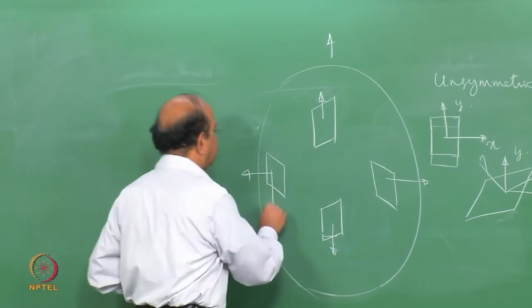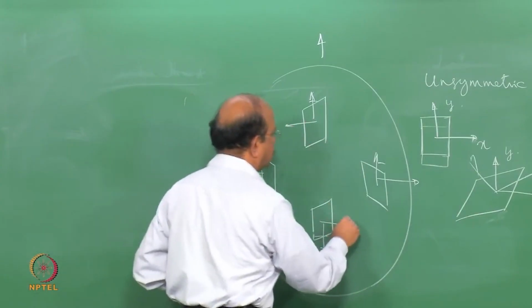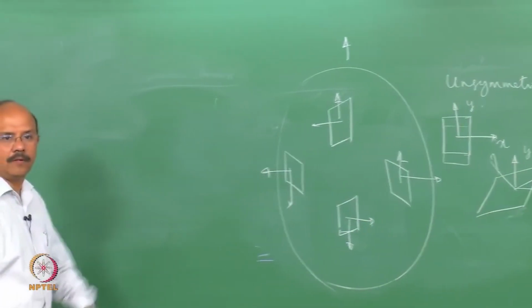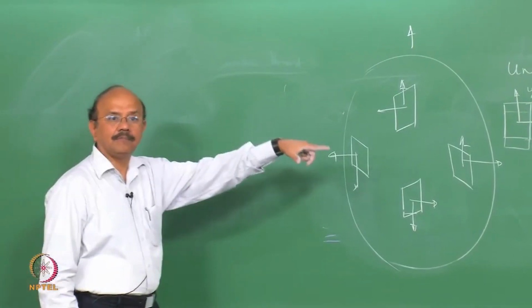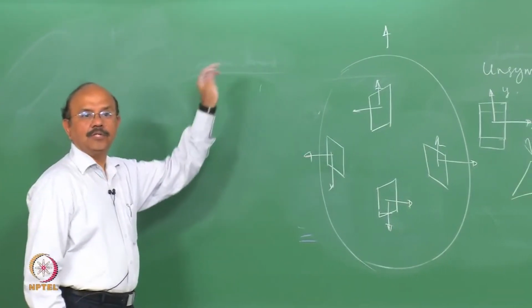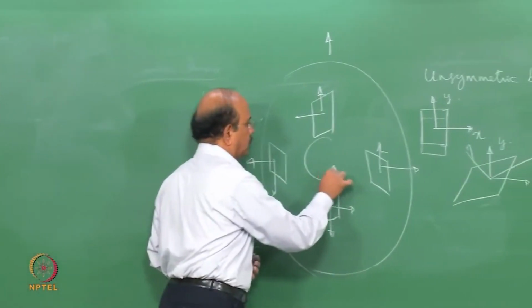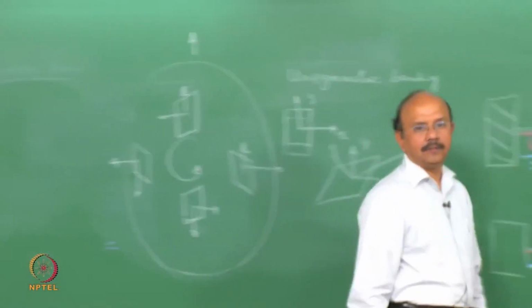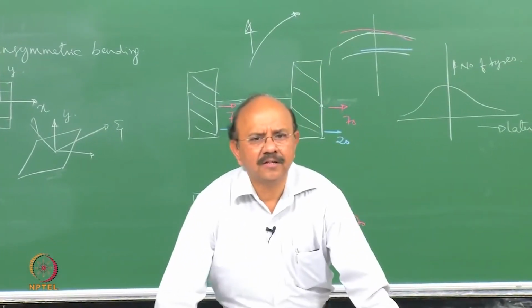So there'll be a force like this, like this, like this, and like this. These are due to the coupling term. So these coupled forces now create a torque around it.